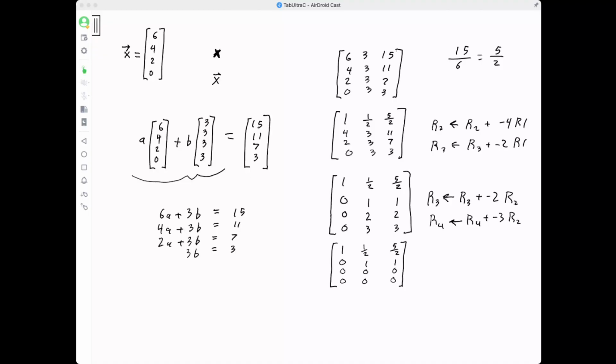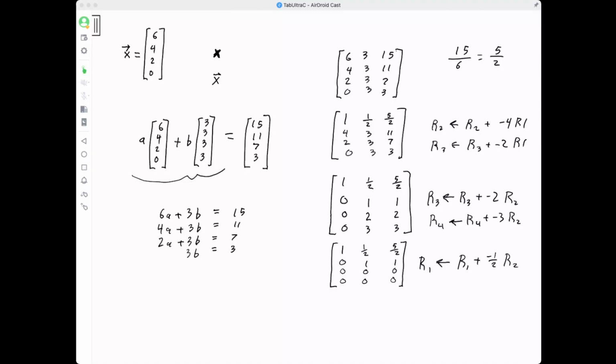And now I want to take all of the elements above this second row 1 and get rid of them. So I'm going to take row 1 and replace it with row 1 plus a negative 1/2 times row 2.